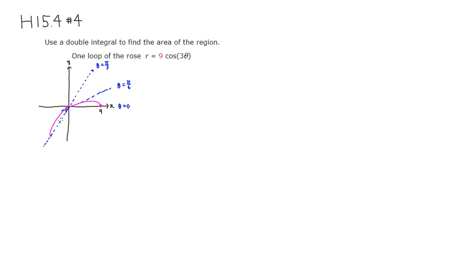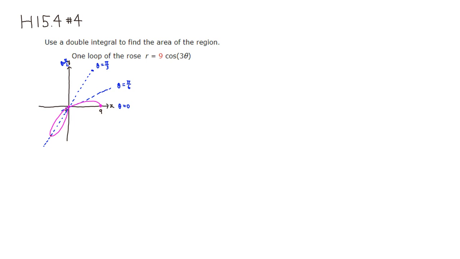Then after that, if theta is pi over 2, you have a cosine of 3 pi over 2, which will be 0. So it's going to come back to there, right?